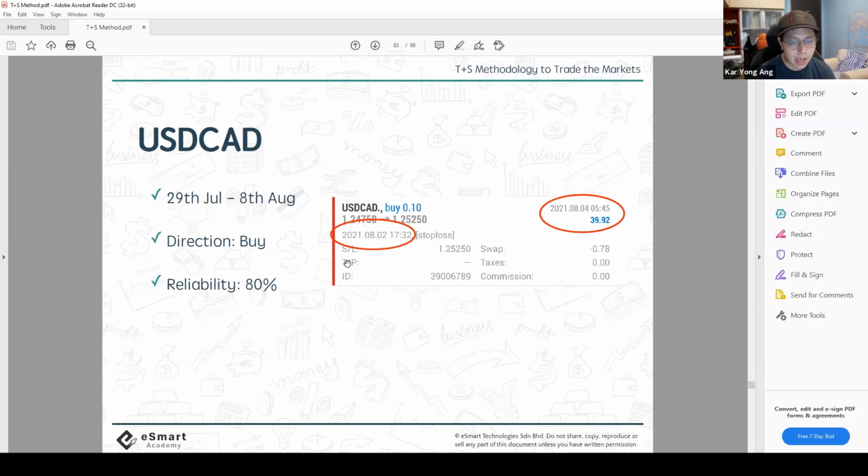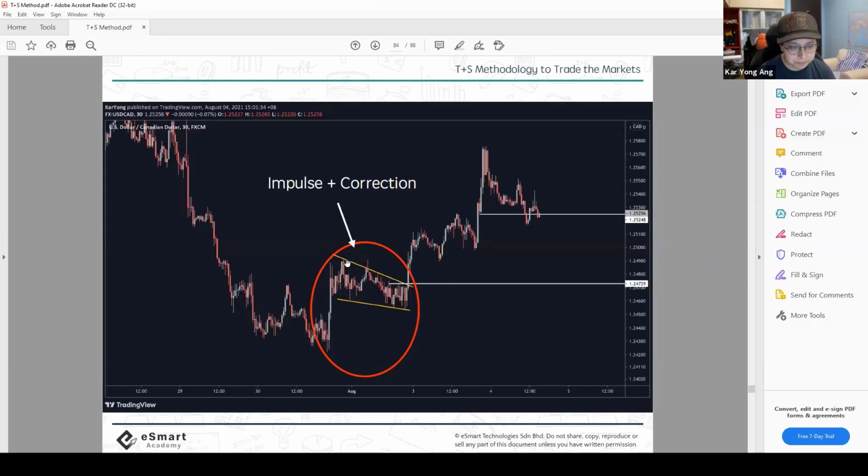That's where the entry is, 1.2475. And of course, with this, what happened is price just kept going up and we just trail our stop loss. You add the stop loss here, it goes higher, you add the stop loss here, it goes higher, you add the stop loss here, and then it came down and tagged us out at the stop loss. Of course, we didn't manage to capitalize on the full move, but it's still a solid one. I wouldn't complain about it.